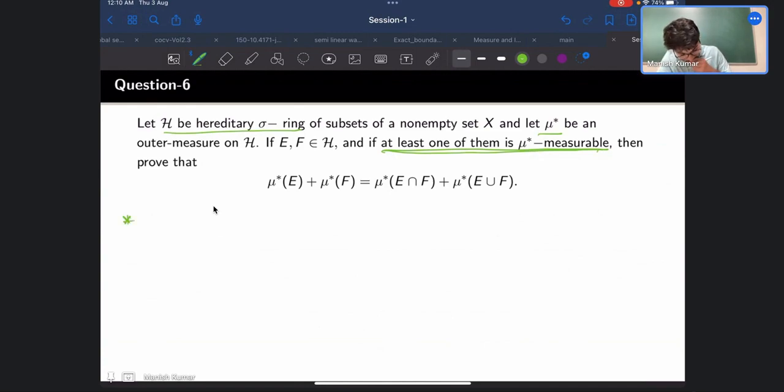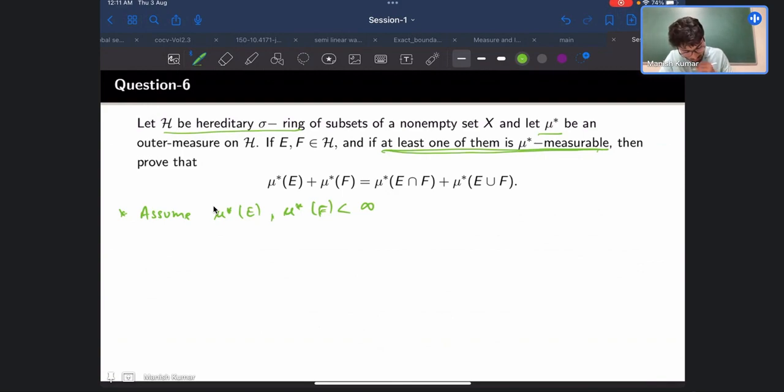So first, the first case again, assume mu star of E and mu star of F are finite, because if any one of them is infinite, we will get the identity again. So we assume both to be finite.